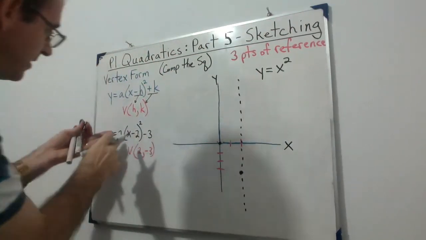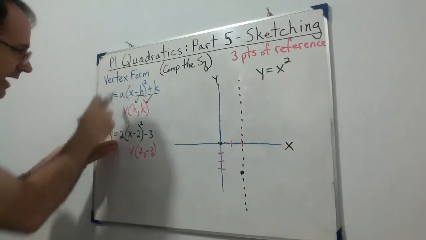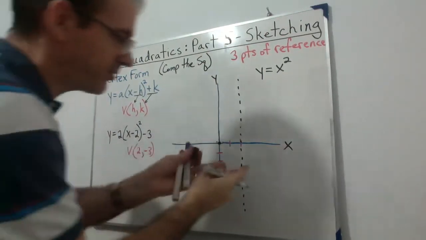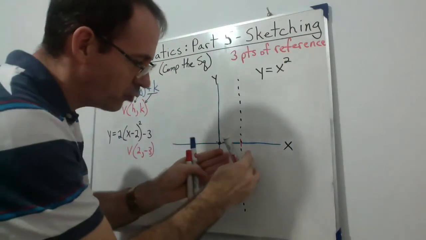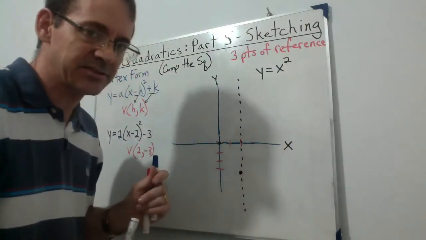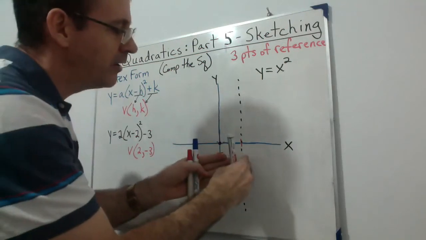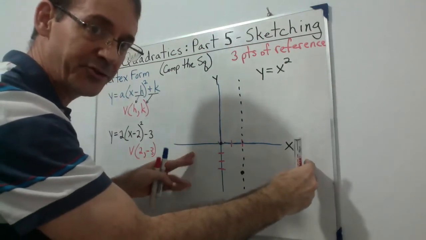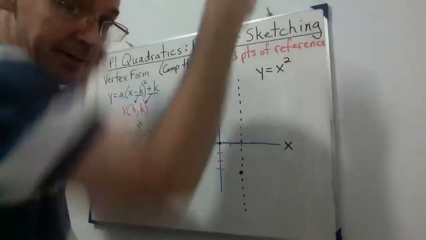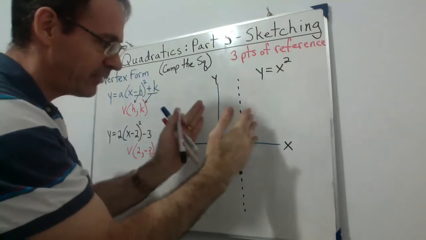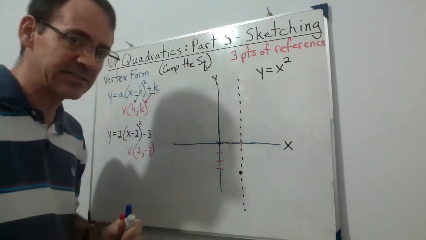And we know because A is positive that it's going to face upward. So you don't want to go too far away from your axis of symmetry. If you go far from your axis of symmetry, your value on the y-axis is going to be way up here. You want to stay relatively close to your axis of symmetry.